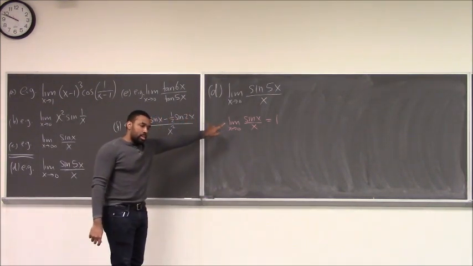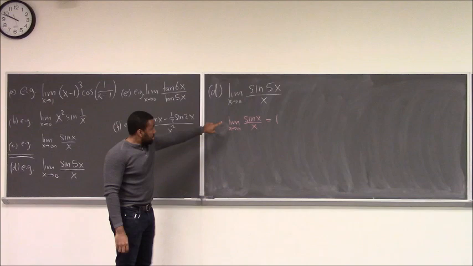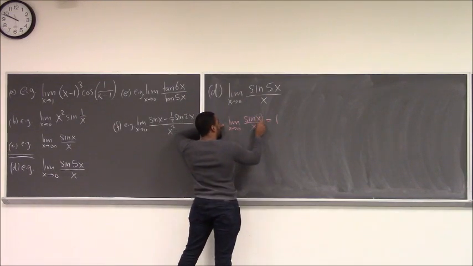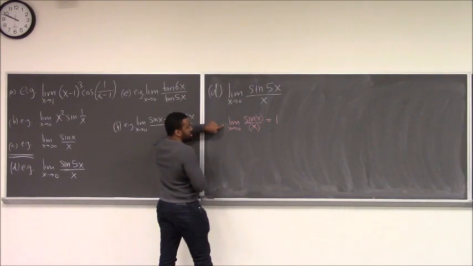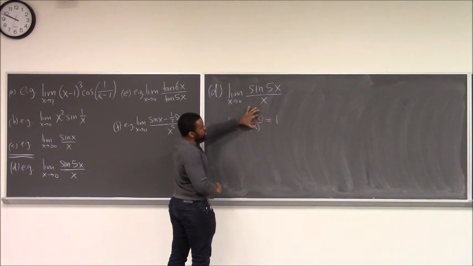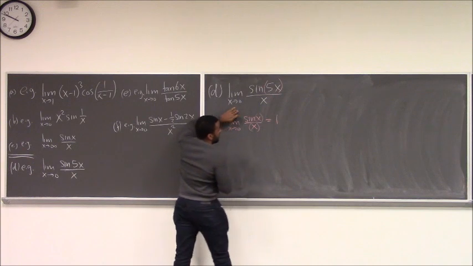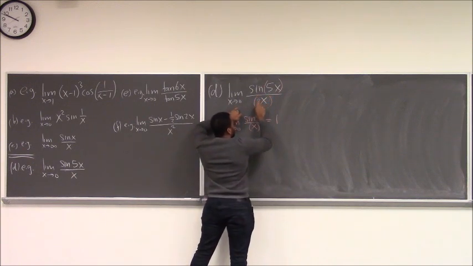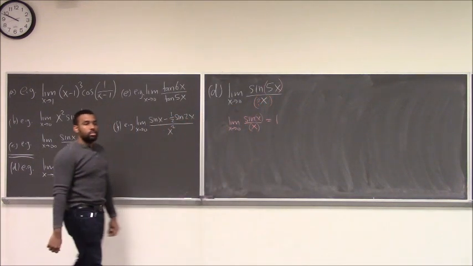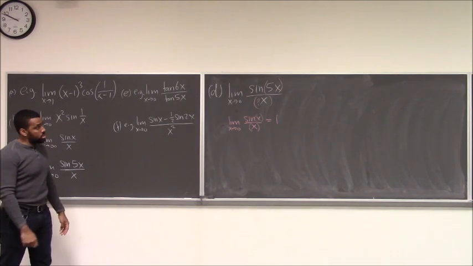Now, remember what I said, it's very important that you follow the rules exactly. It's important that this is an x and that is an x. In other words, these two things must be equal. The fact that there's a 5x in the sine and there isn't a 5x in the denominator matters, right? Pay attention to details here.